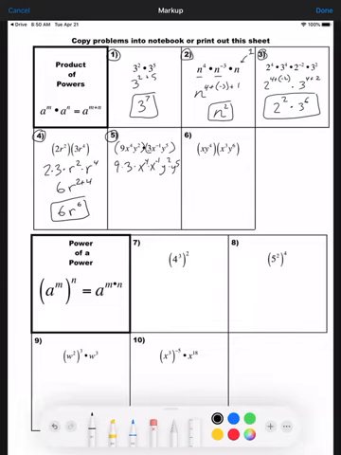You don't have to do that step, but I find that it makes it easier so you know which things will be combined. 27 x to the 4 plus negative 1, y to the 2 plus 5, so we have 27x to the 3rd, y to the 7th.